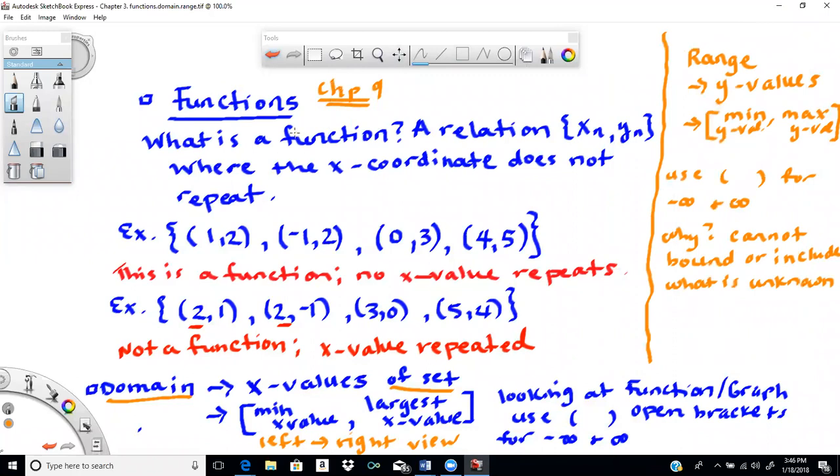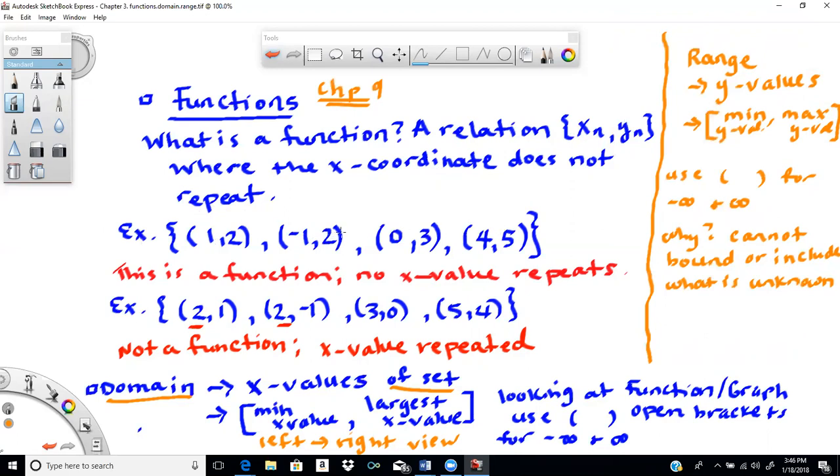Basically, a function is a relationship where the x-coordinate does not repeat. We have relations, so we have a set with different x values and different y values. Looking at this example, we have the points (1, 2), (-1, 2), (0, 3), and (4, 5).